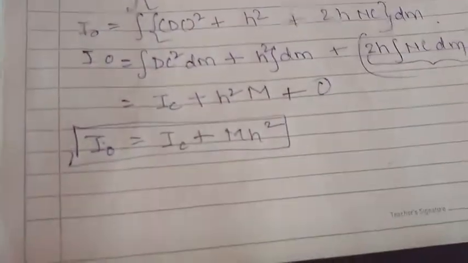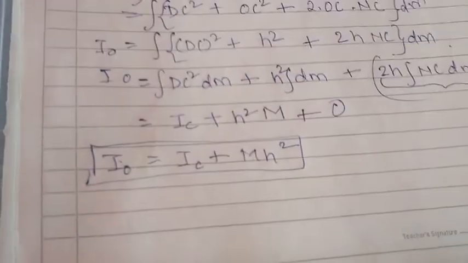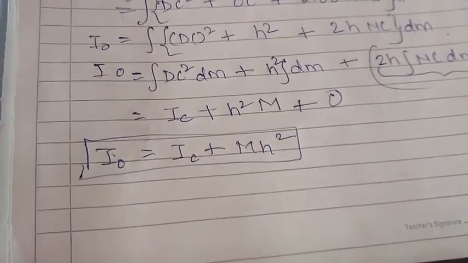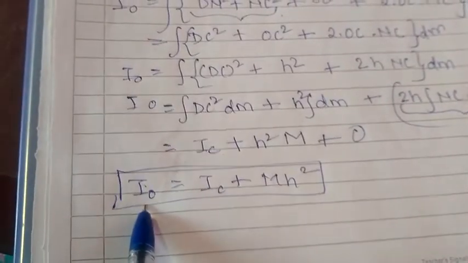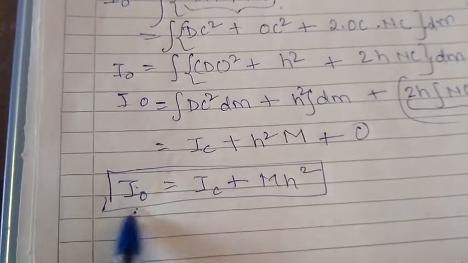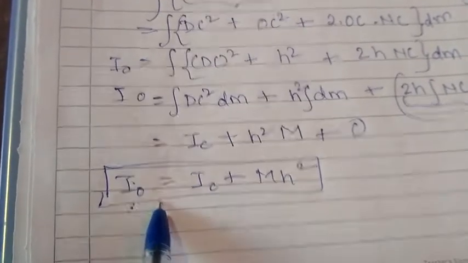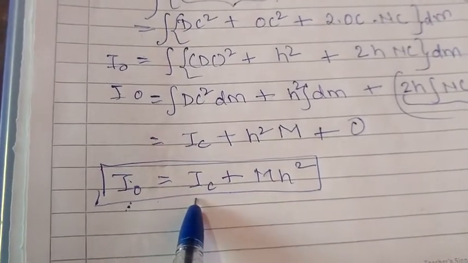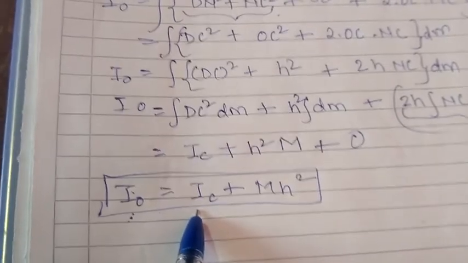Now as you have understood this final equation, you can just understand the statement of that theorem. The statement says that the moment of inertia of an object about any axis, I naught, is the sum of its moment of inertia about an axis parallel to the given axis and passing through center of mass.